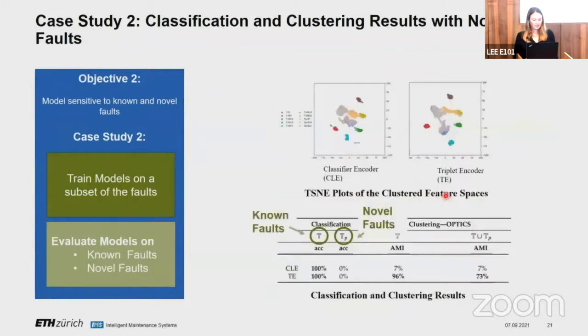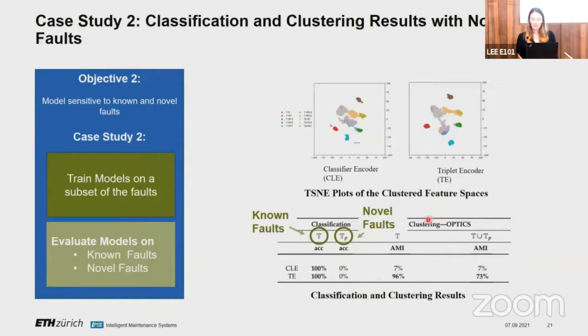Okay, this then again translates to data. Of course, the classification performance on the known faults is very good because that is what the model was trained to do. A classification model, as I said, can never classify something it has not seen before, so here the performance is really bad.